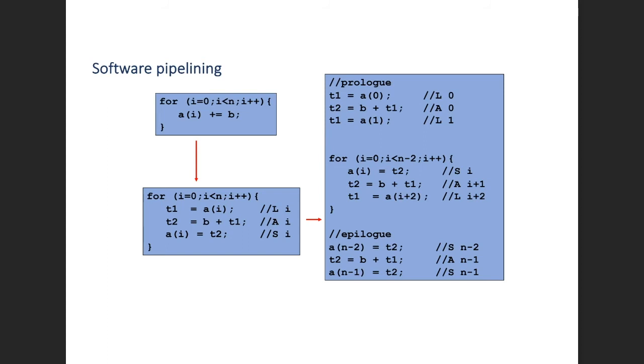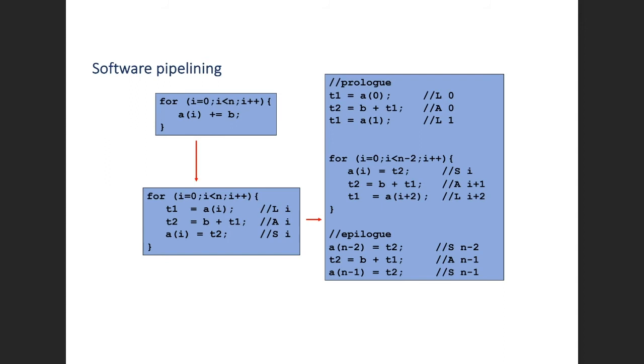If I introduce these explicit temporaries, you can see that I now have three statements in the loop. The first one requires a load of A. The second one does the addition, and the third one does the store. I've labeled those, and this is for the ith iteration: Li for the ith load, Ai for the ith add, and Si for the ith store.